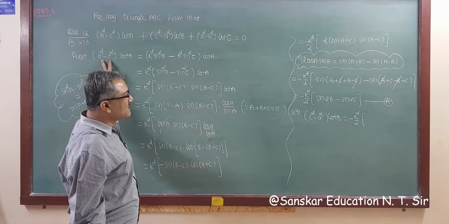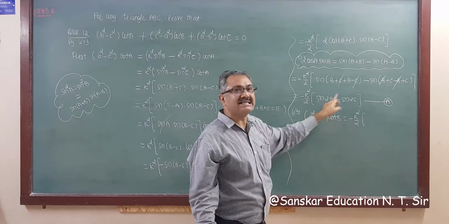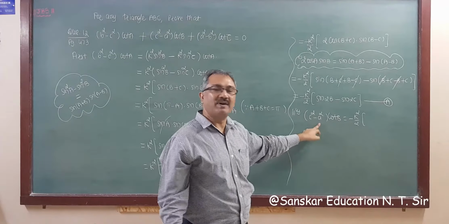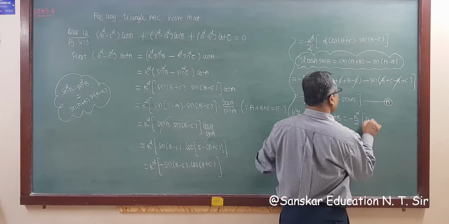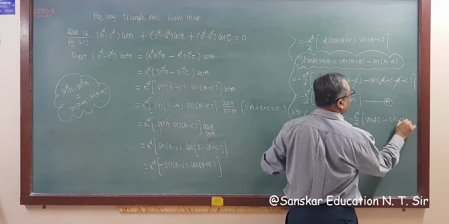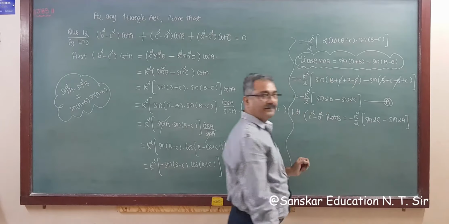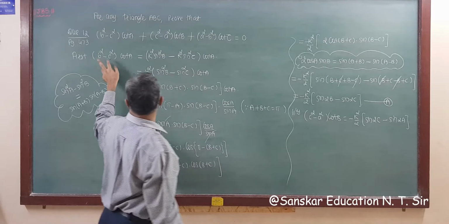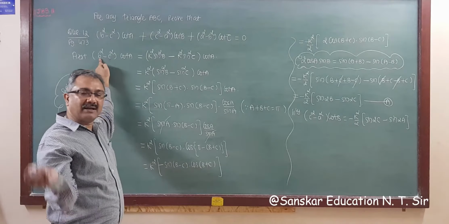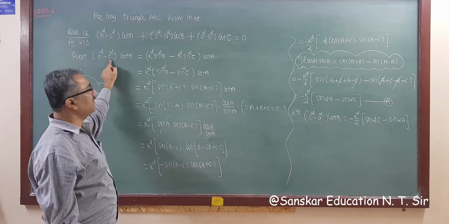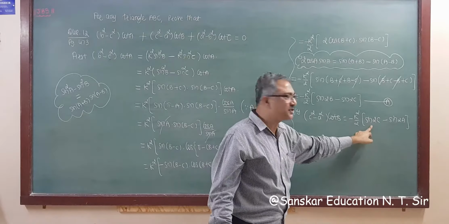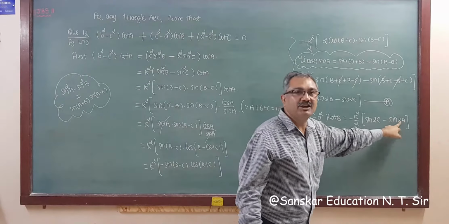So c square minus a square means sine 2C minus sine 2A. Got it? If we have b square minus c square, answer is sine 2B minus sine 2C. So c minus a is sine 2C minus sine 2A.